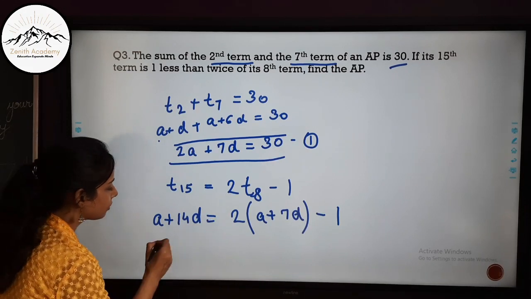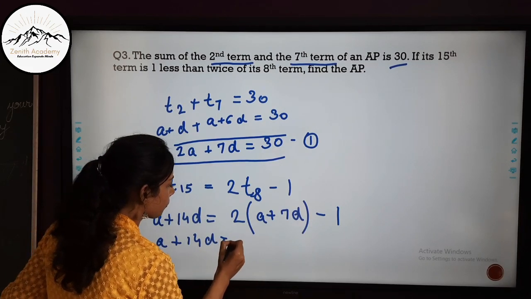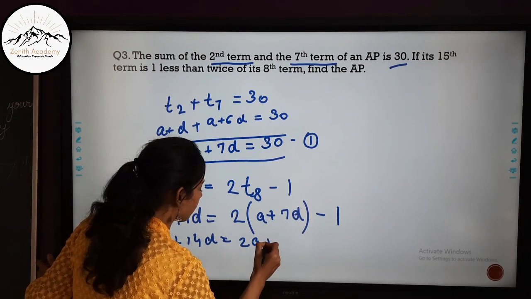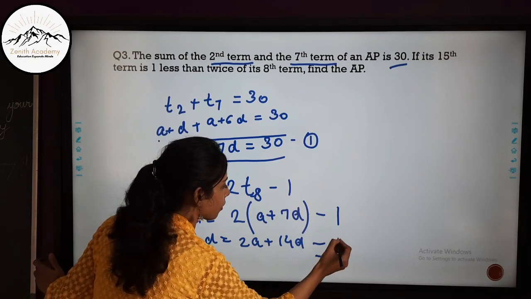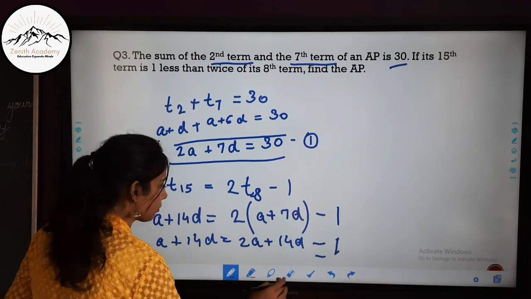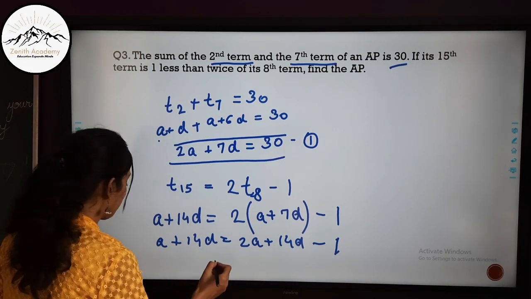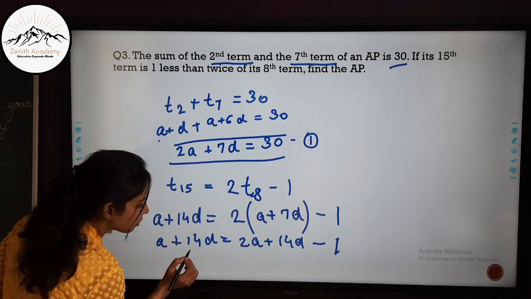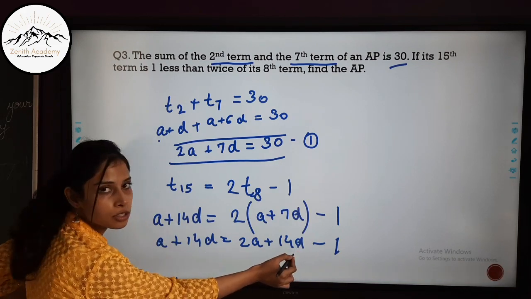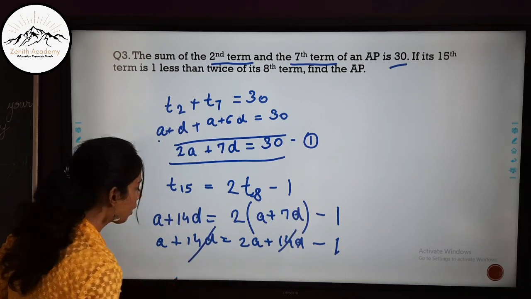Simplifying it, we'll get, now here it is plus 14D and here it is also plus 14D, so we can cancel them.